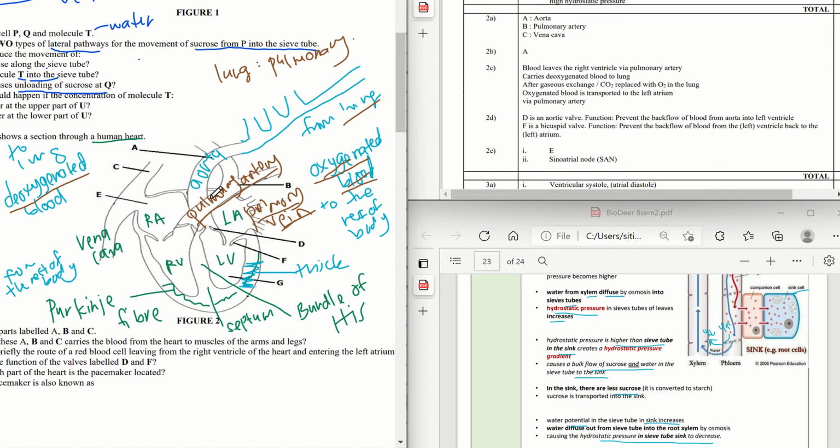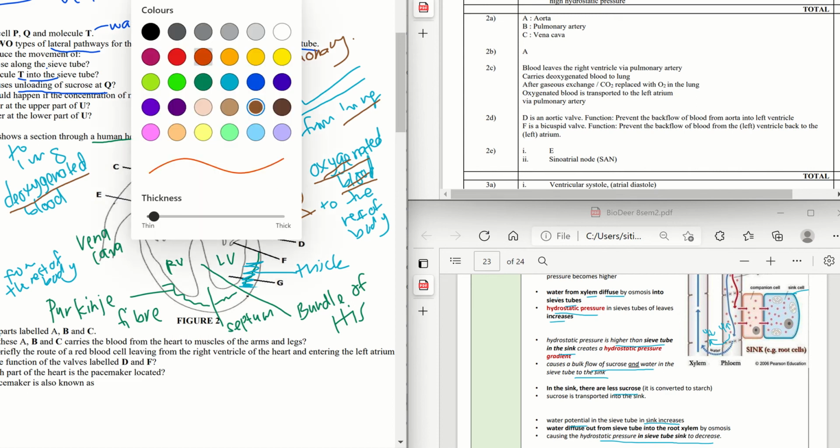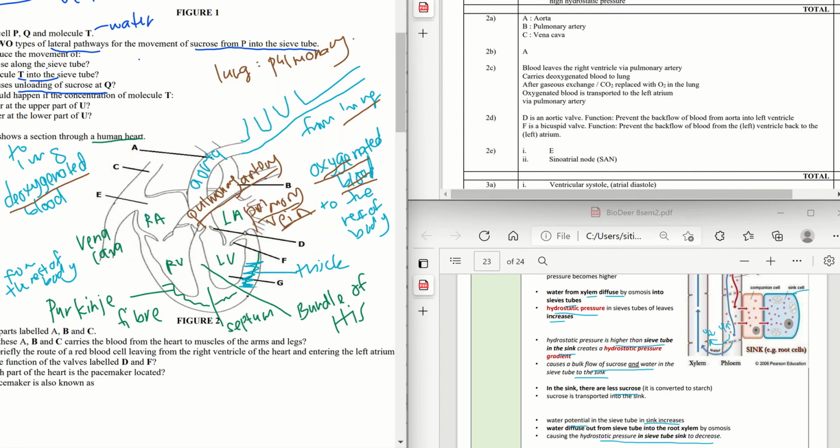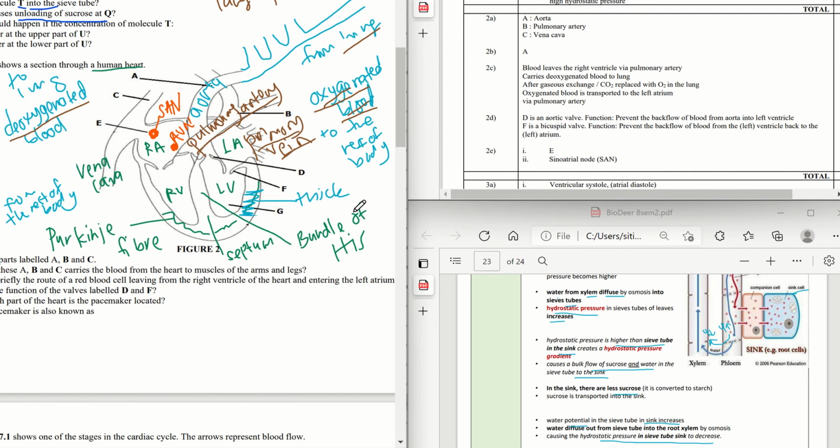Daripada gambar heart ni je saya boleh lukis macam-macam lagi. Apa lagi yang you boleh lukis? Ini SA node, sinoatrial node. Ini kat sini AV, atrioventricular node. Lepas tu apa lagi yang you boleh label?